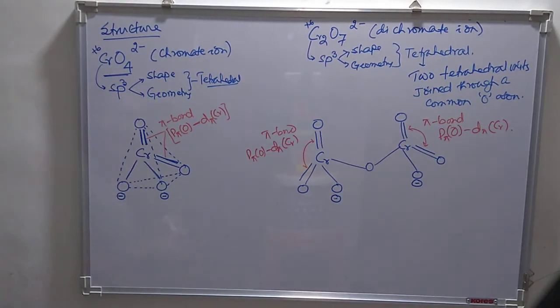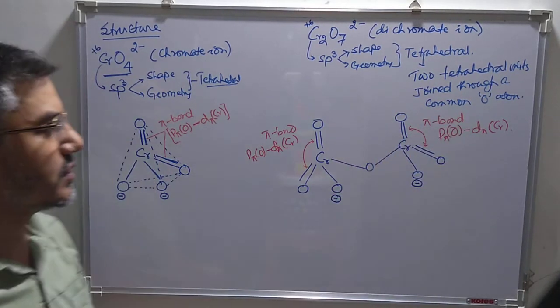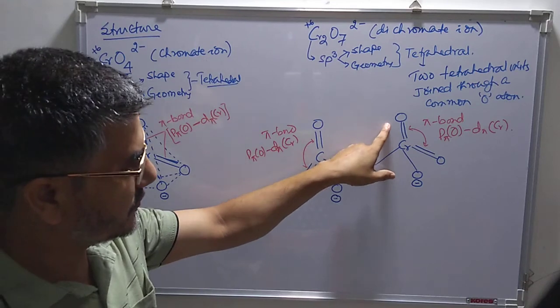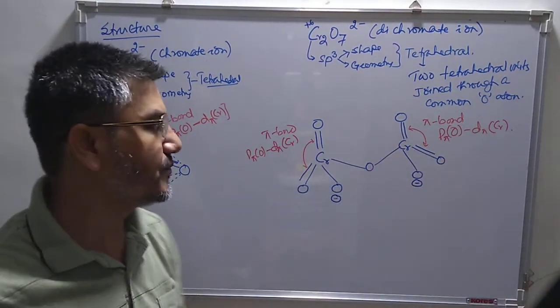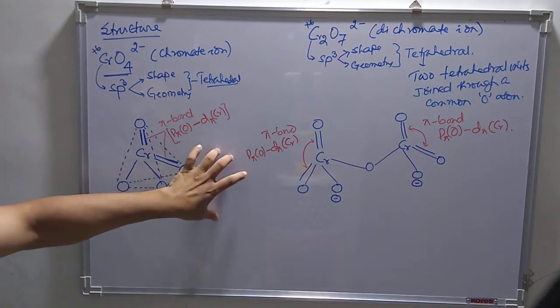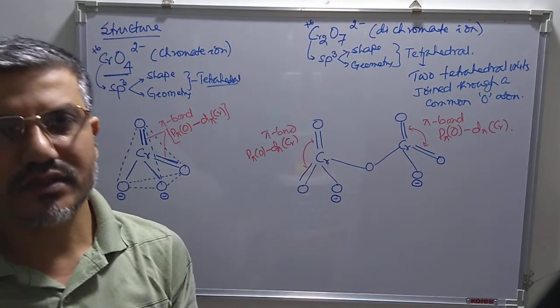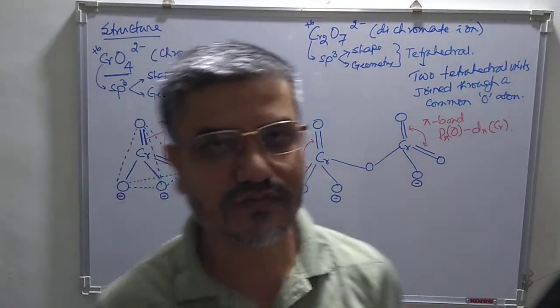So both chromate and dichromate are stabilized by p pi d pi bonds, from the filled p orbital of oxygen to the vacant d orbital of chromium. So this is the structure of chromate and dichromate, both having the +6 oxidation state, the highest oxidation state possible for chromium.